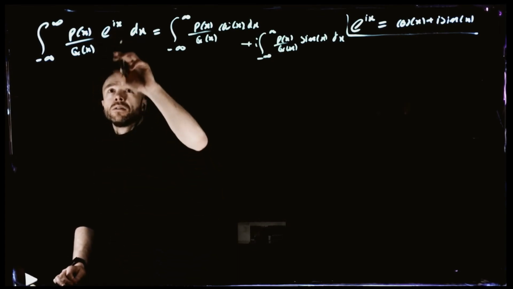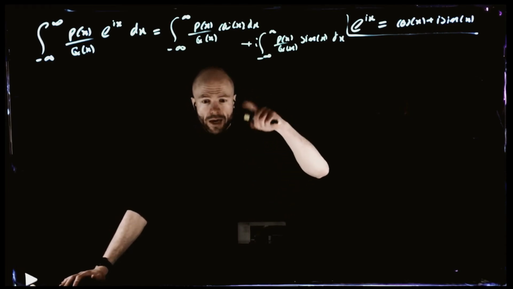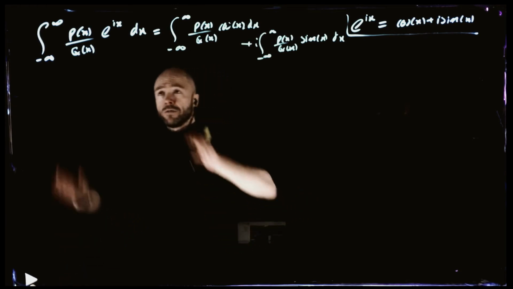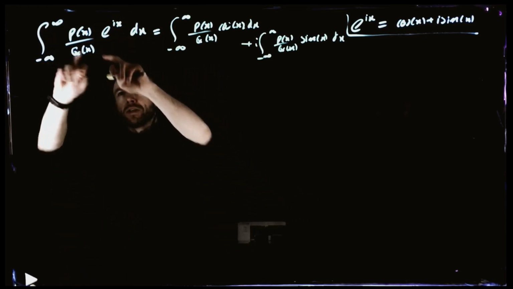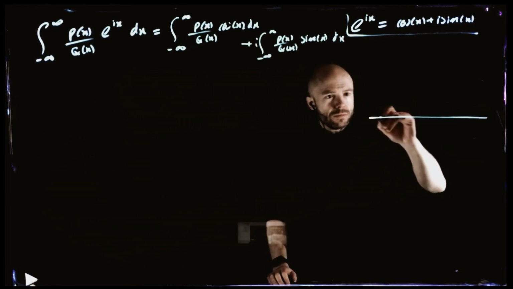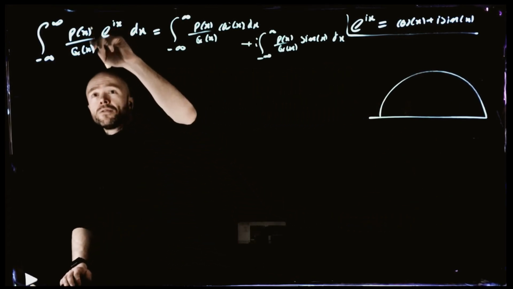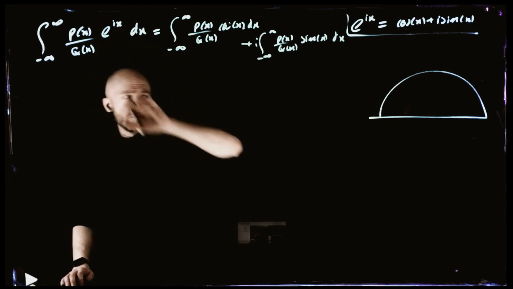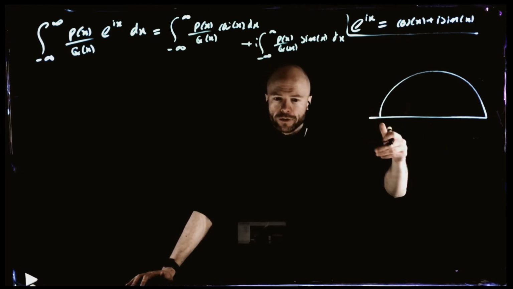This e to the ix is just a unit vector around the complex numbers for every x, so if you take the absolute value, it just becomes p of x over q of x. So if we do a semicircle like this, and the degree of q is at least the degree of p plus 2, then taking the absolute value means that on the semicircle it will vanish and we'll be able to extract the integral.